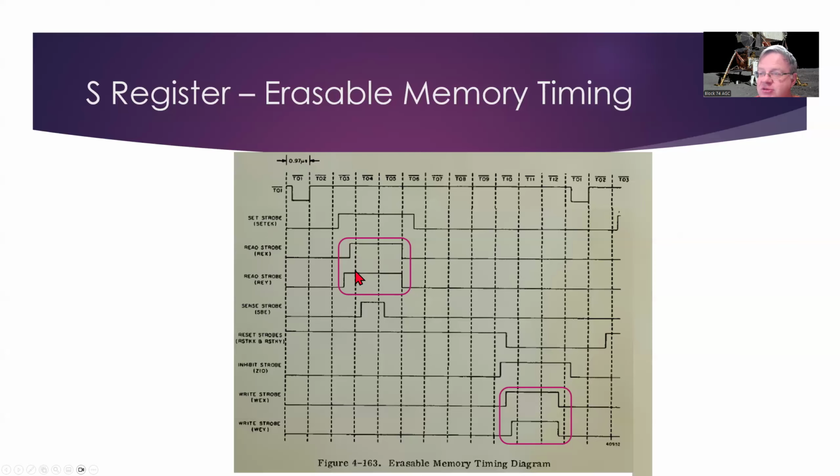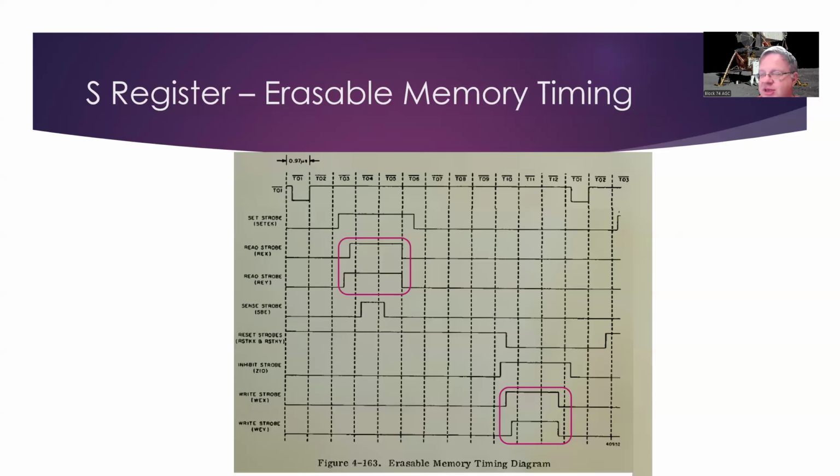So you have to continuously rewrite the contents of the memory into itself again and again in order to refresh the memory to prevent it from decaying away and losing the contents of the memory. And because the Apollo guidance computer accesses that memory as a grid, it has a bunch of X control lines, a bunch of Y control lines, and between the two of them, it identifies which specific ring we're going to use to store or read the contents of that memory from.